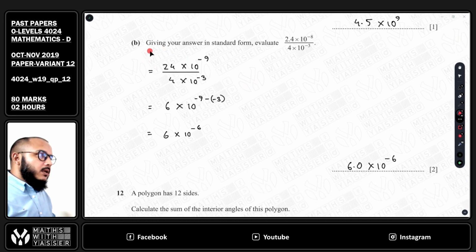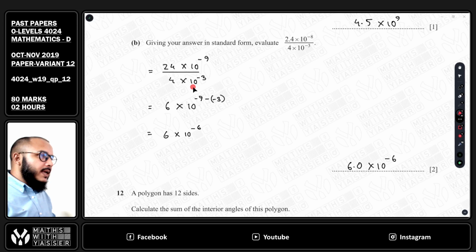Next question. Giving your answer in standard form, evaluate the value of this. So what I have done, I'm changing 2.4 to 24. And since I have done that, I moved the decimal one place, hence the negative power increased by 1 and it became negative 9. And this remains the way it is.